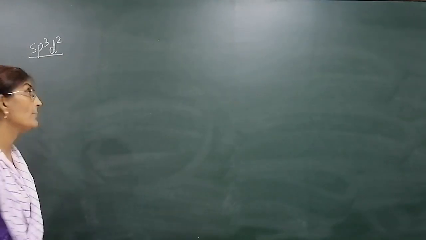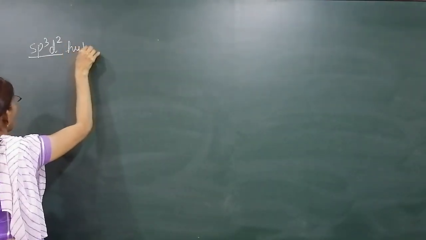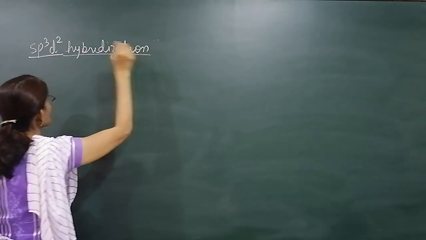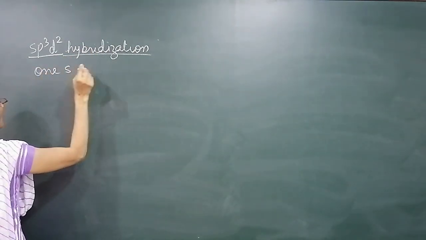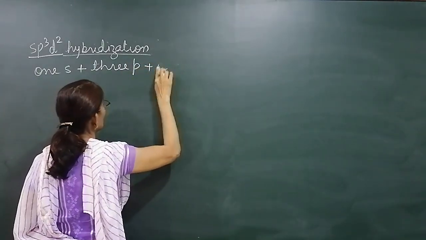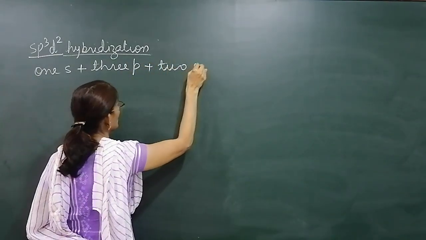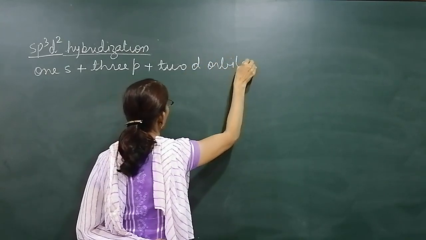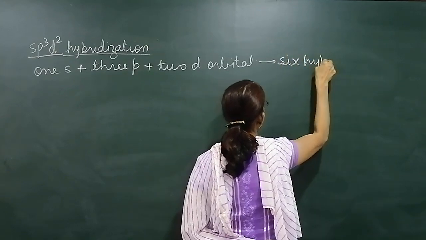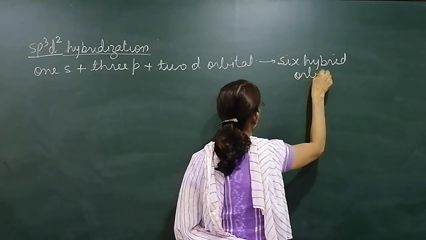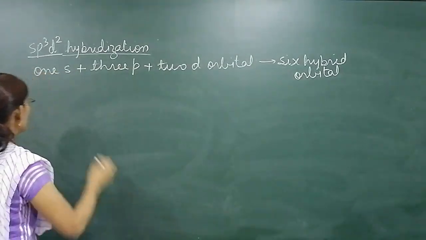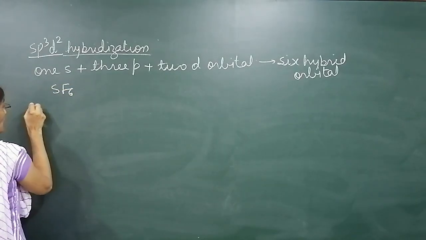In sp3d2 hybridization, one s orbital, three p orbitals plus two d orbitals undergo mixing. How many hybrid orbitals form in total? Six hybrid orbitals. The hybridization is known as sp3d2 hybridization. We'll take an example of SF6, sulfur hexafluoride.